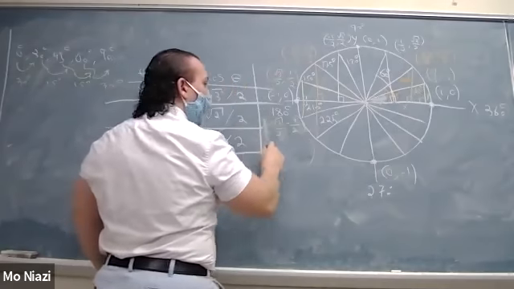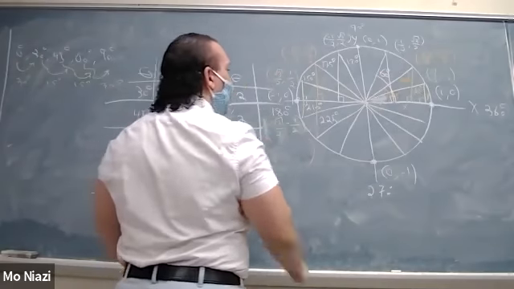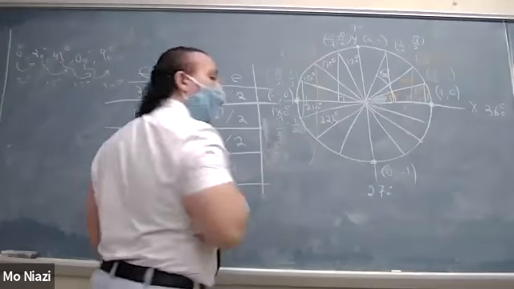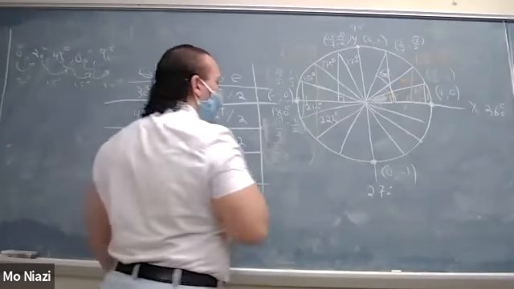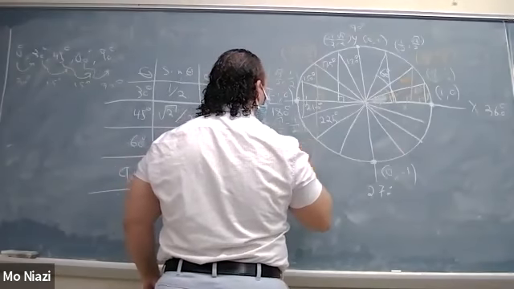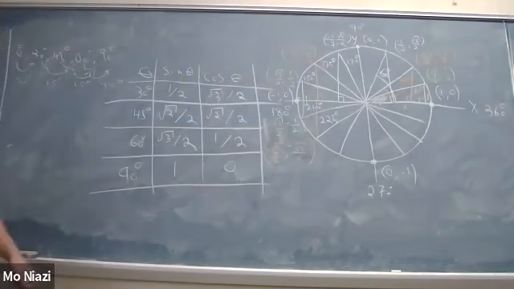Negative square root of 2 over 2, and then negative square root of 2 over 2. Why do you say that? Because the y is underneath the x-axis, so that means it's negative.